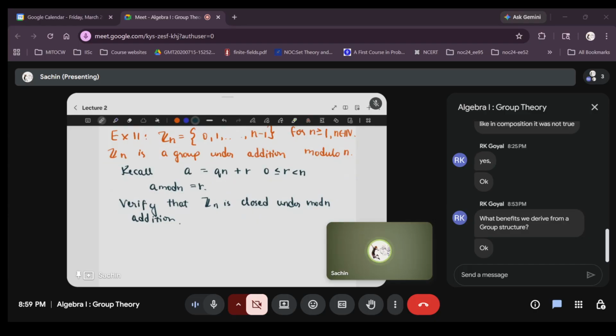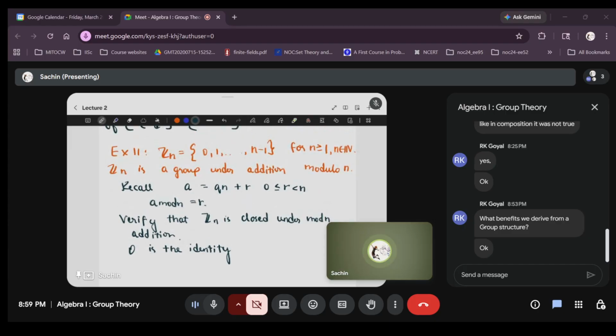Then the identity in this case is 0. So here when I am talking about Zn, I am not talking about the equivalence class of 0 and the equivalence class of 1 under congruency.